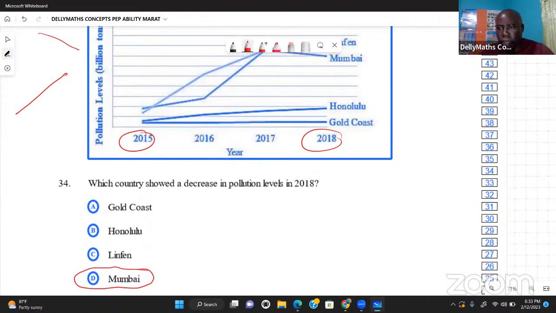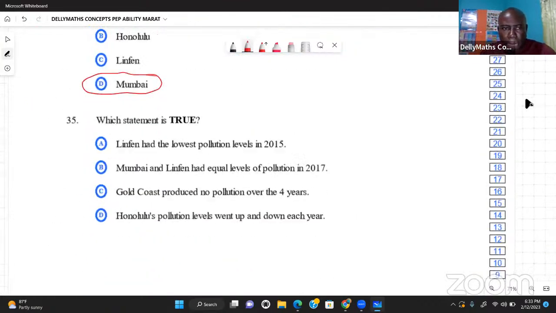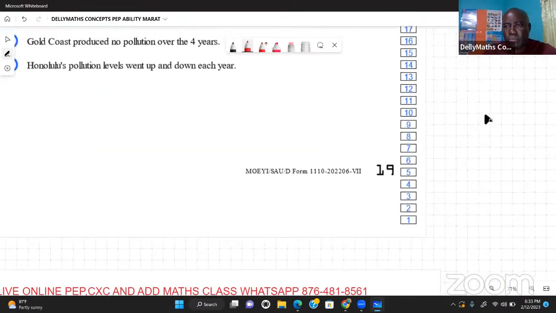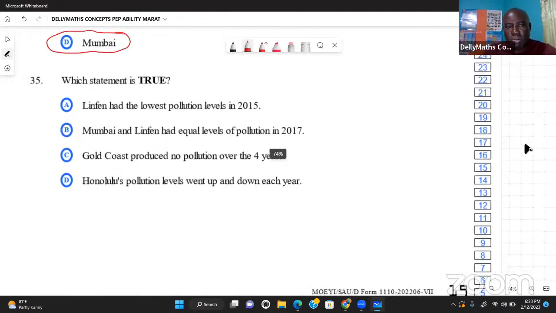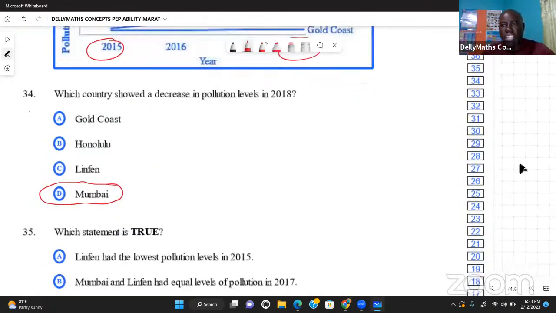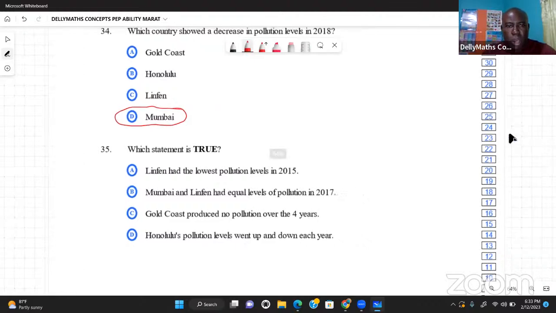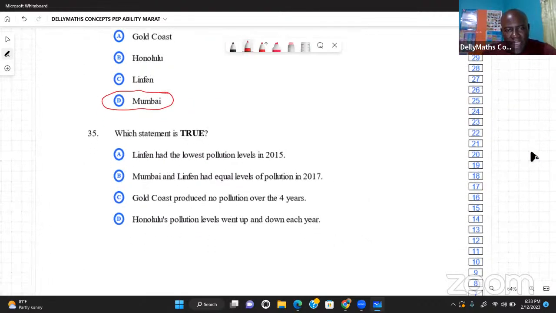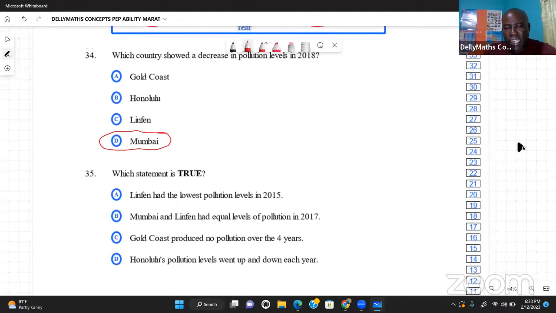All right, we'll continue going. Which statement is true? Now you have to be very careful. You're going to have to go back to the chart and come back, but that's fine. Now let's read. Liffen had the lowest pollution level in 2015.